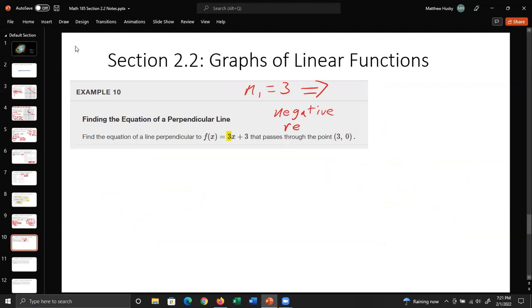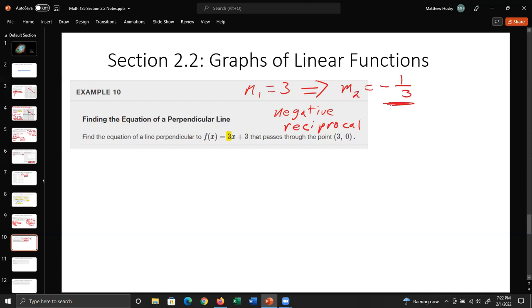So M2 is going to be equal to negative, positive goes to negative, and the reciprocal of 3 is 1/3. So the number we want for the slope is this right here.